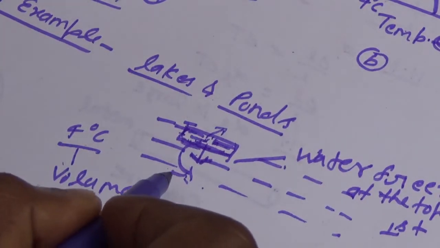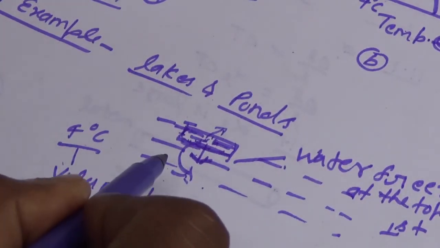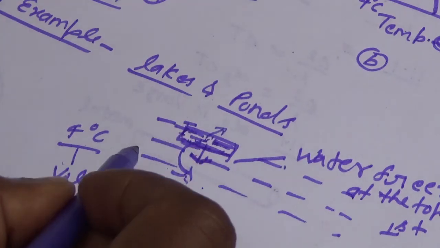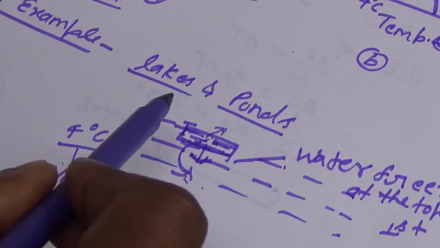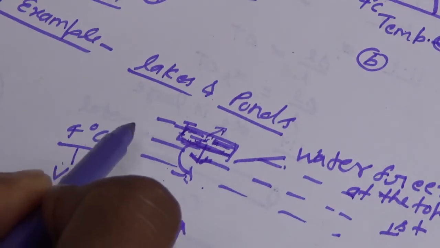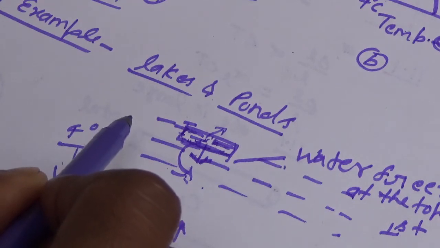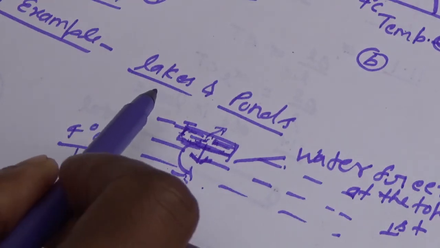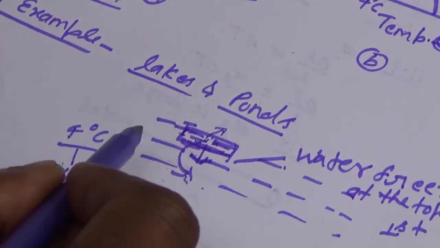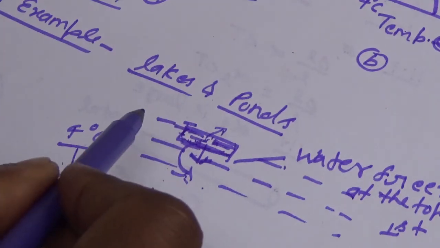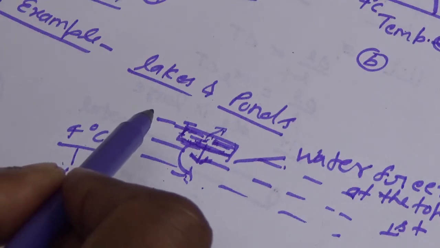If we revise this concept, as the lake cools towards 4 degrees Celsius, water near the surface loses energy to the atmosphere, becomes denser, and sinks. The warmer, less dense water near the bottom rises.